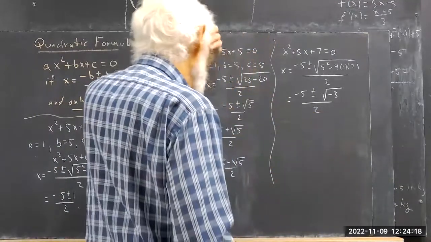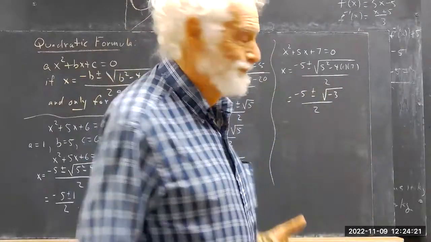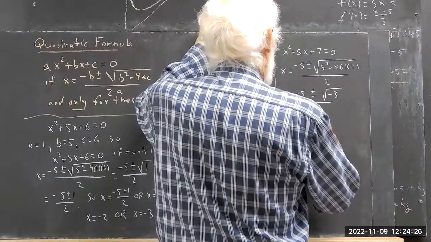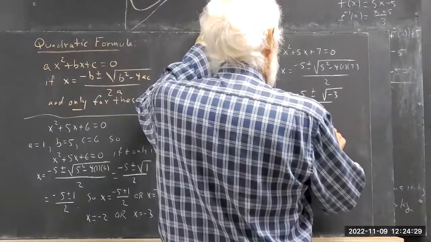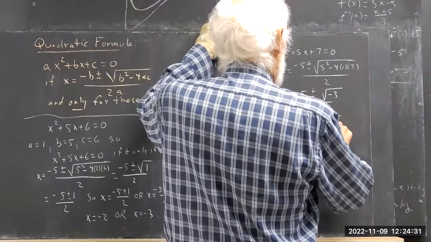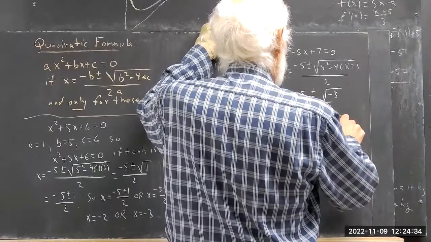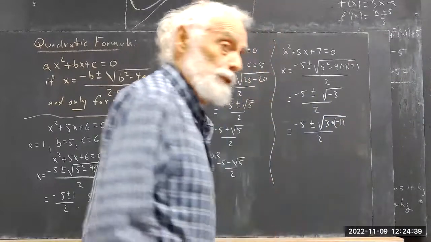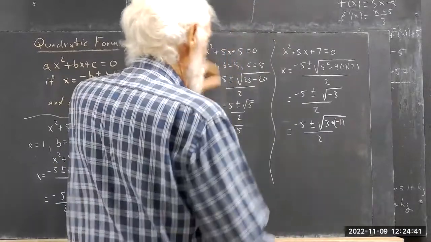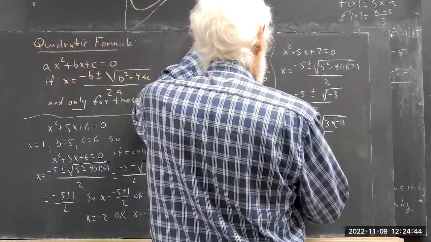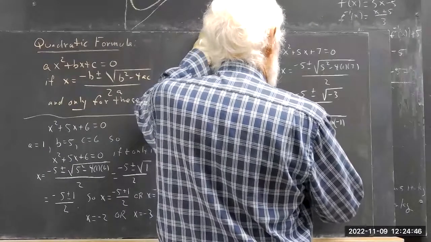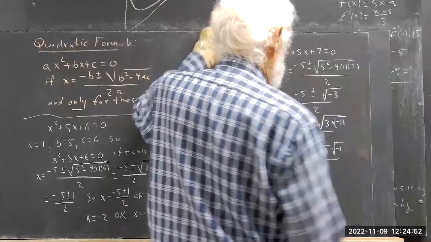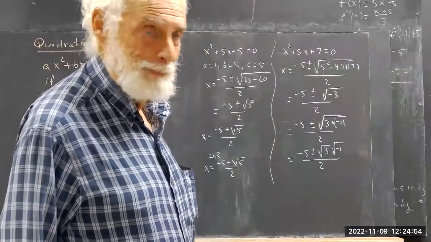Now, you might not understand why I do this. Well, I'm going to cheat. I'm going to say, okay, we have -5 plus or minus the square root of 3 times -1. I can simply do that, right? And as we saw earlier, it's pretty clear that I could then write that as -5 plus or minus the square root of 3 times the square root of -1, over 2.